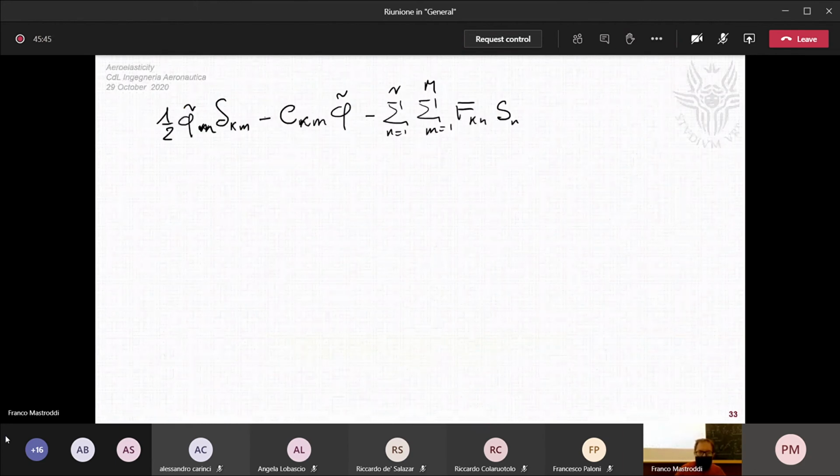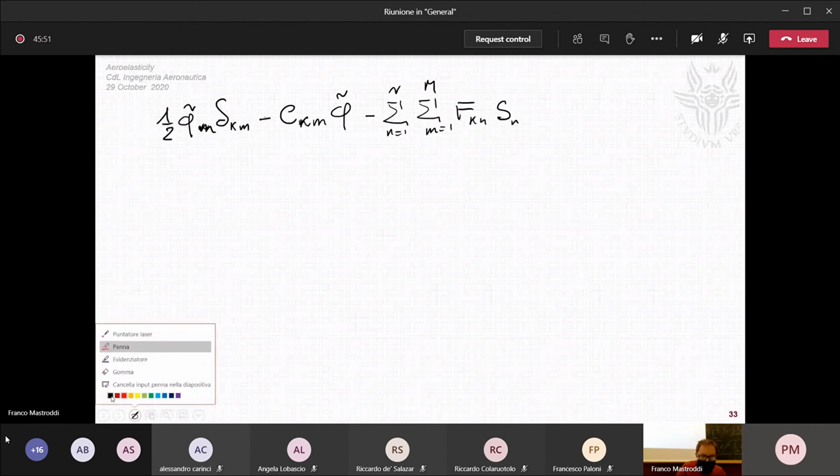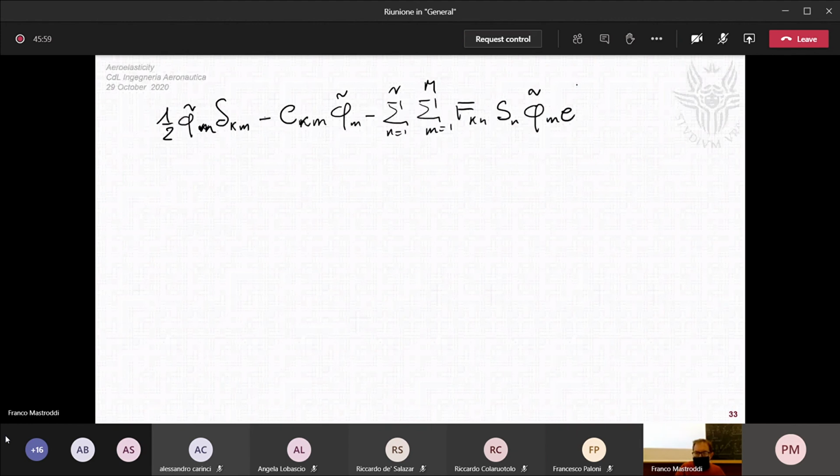And so I have this by phi tilde_m e to the power s tau_m, and everything, this vector, is equal to the summation b_km k tilde_m.